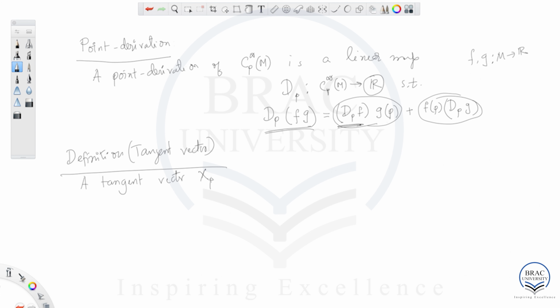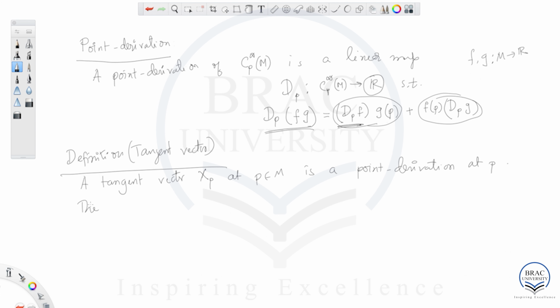So a tangent vector X_p at the point p in M is a point derivation at the point p.